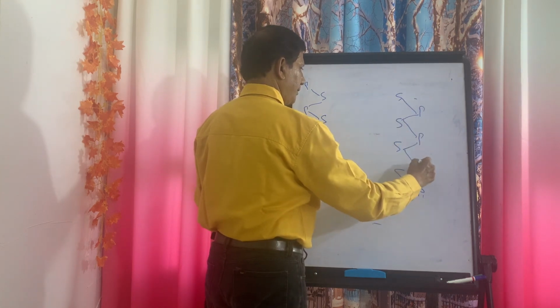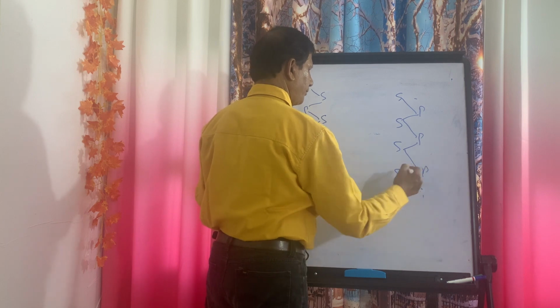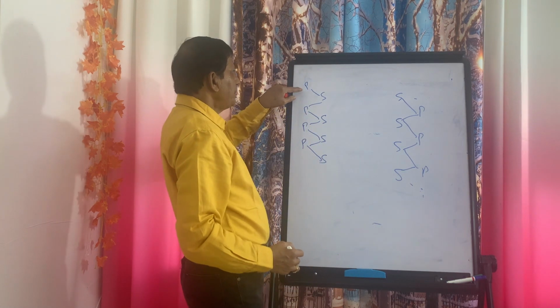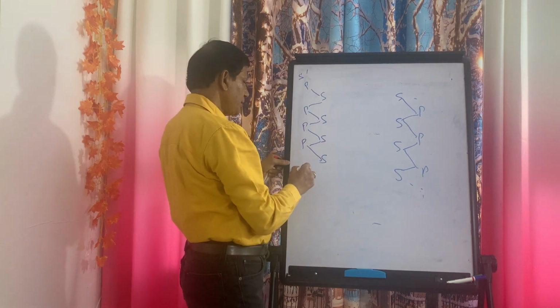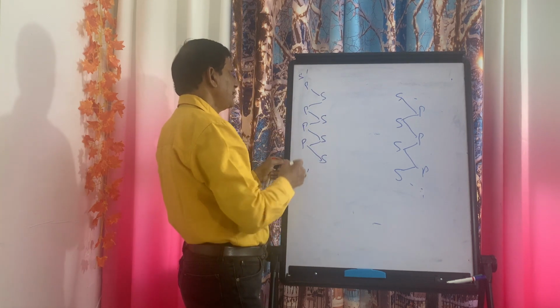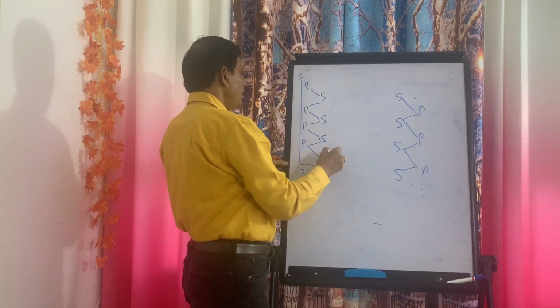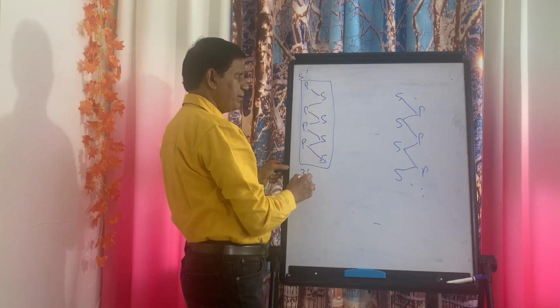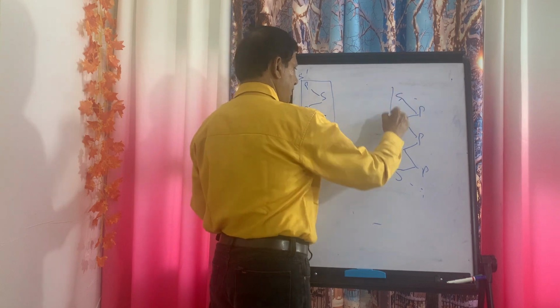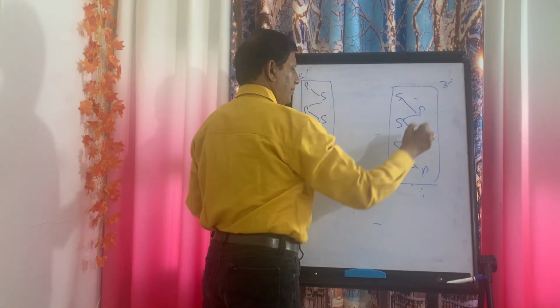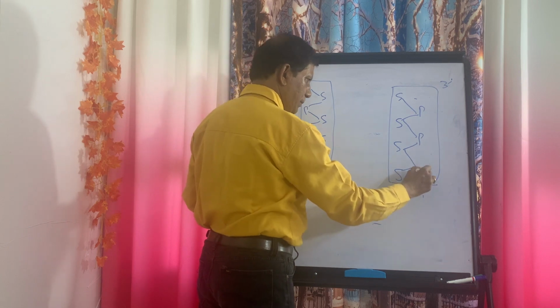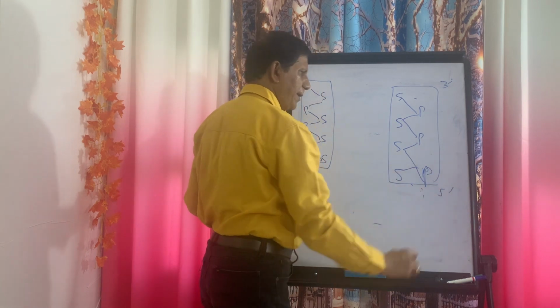Always the phosphate is present on the 5 prime side and the sugar is present on the 3 prime side. That means this is running from 5 prime to 3 prime. But you see this side, the sugar is present at the 3 prime and here the phosphate is present at the 5 prime.